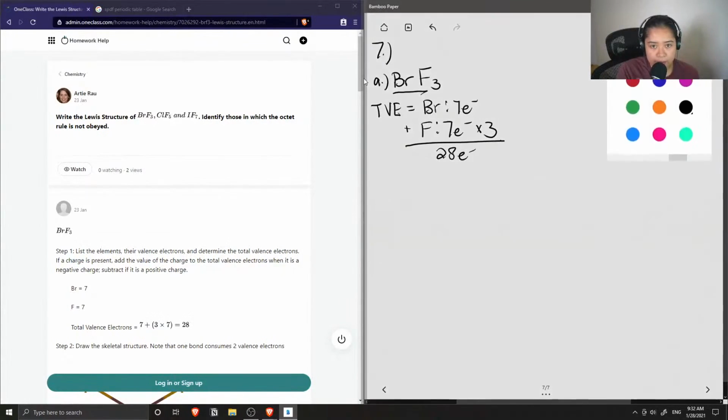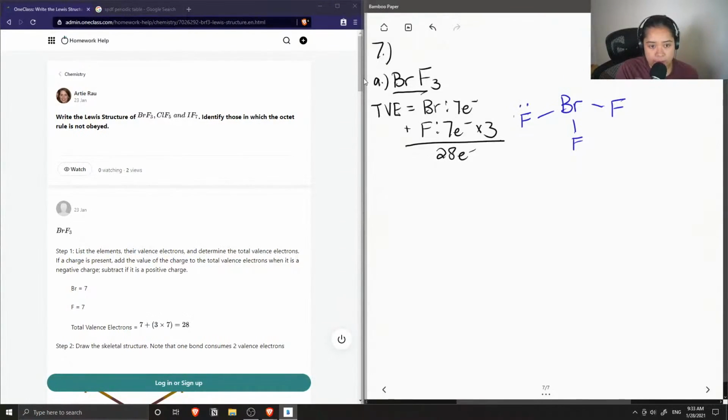So now when we write out the Lewis structure, we'll have bromine as our central atom. And then I'm just going to draw single bonds to all of the fluorine atoms. And I can also show all of the lone pairs on the fluorine atoms as well.